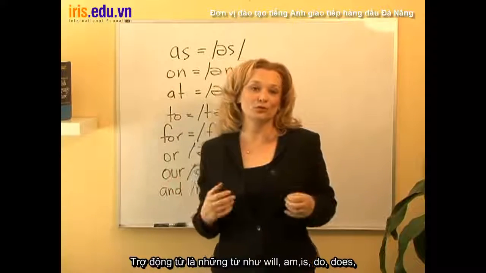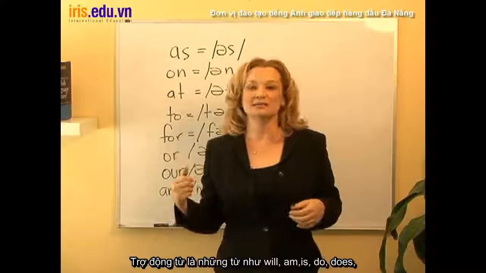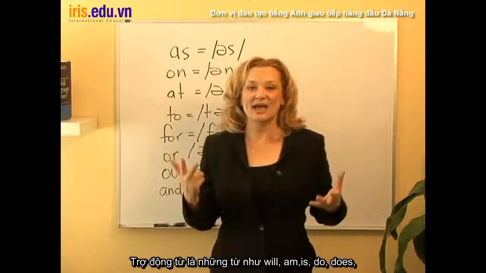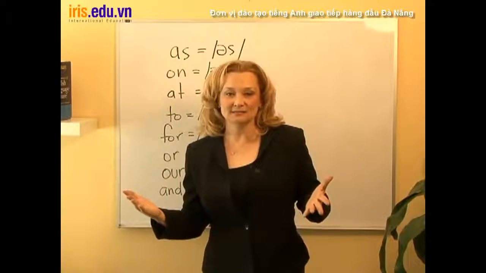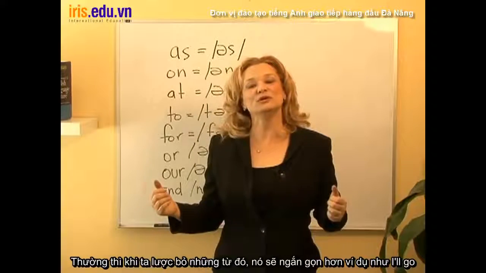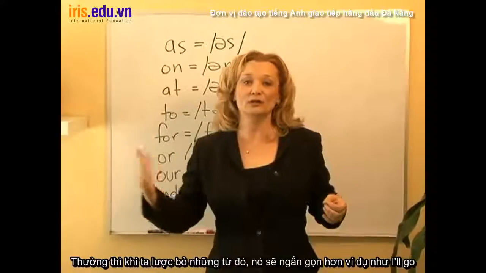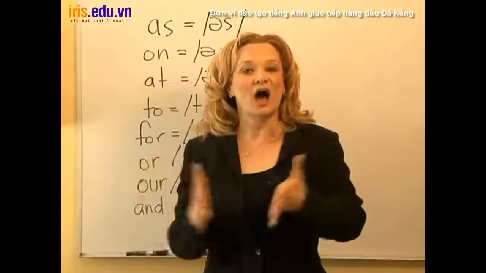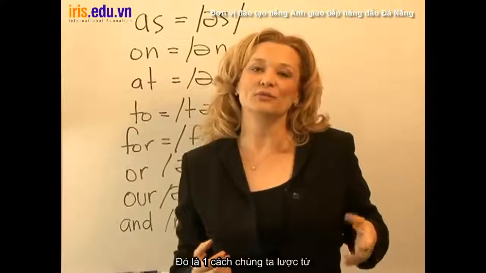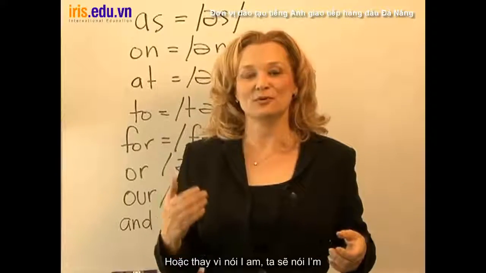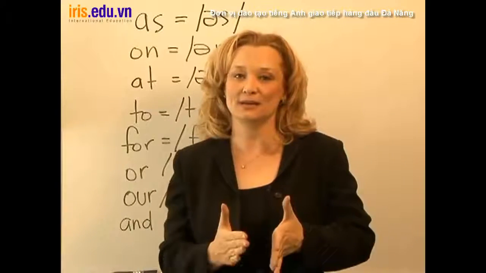Auxiliary verbs are words like will and am and is and do and does. Very often, when we reduce those words, they're contracted. So instead of saying I will go, we say I'll go. That's one way we reduce them. Or for example, we don't say I am, we say I'm.